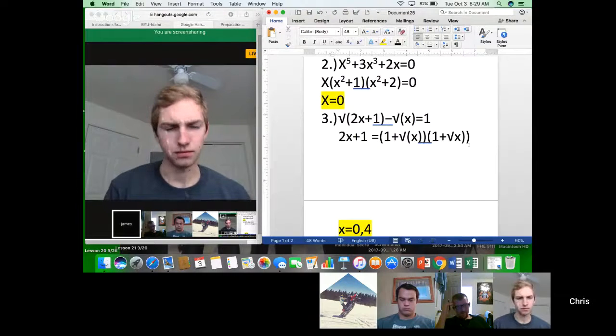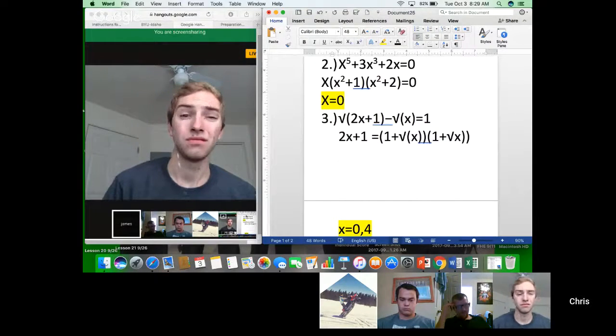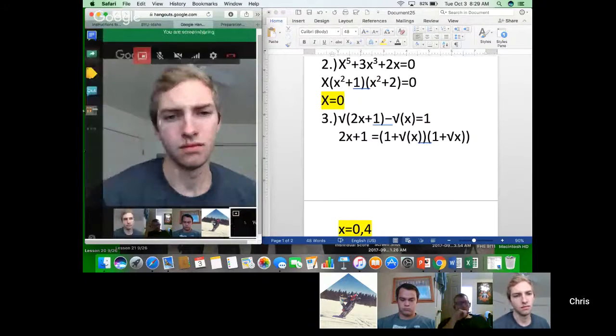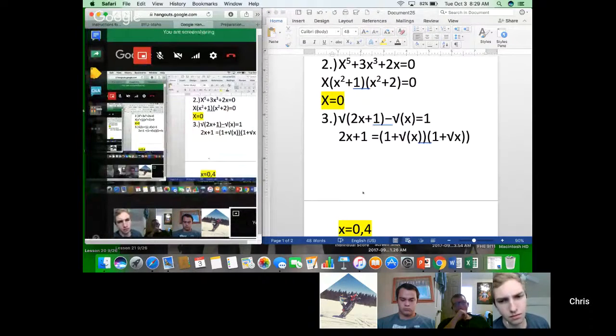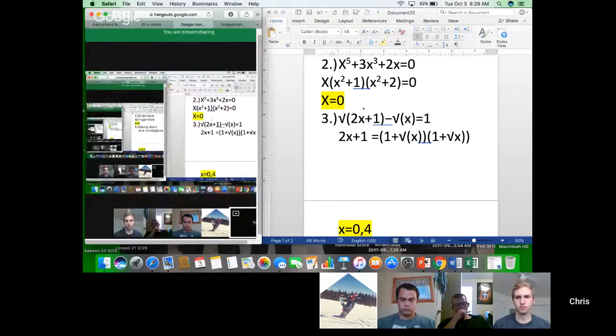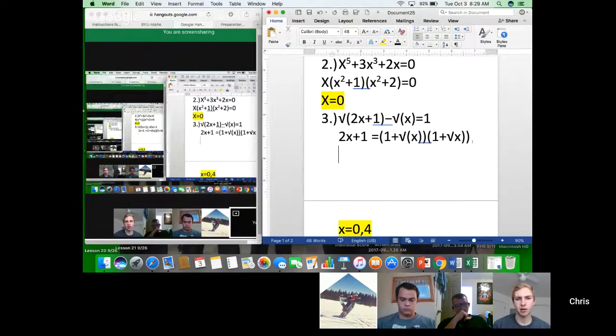Okay. And then factoring it out even more would end up getting rid of the radical anyway, because you would have to do the square root of x times the square root of x. So that would get rid of that. You'd still have 2 square root x in that. There's 1 plus 2 square root of x, right? Mm-hmm.